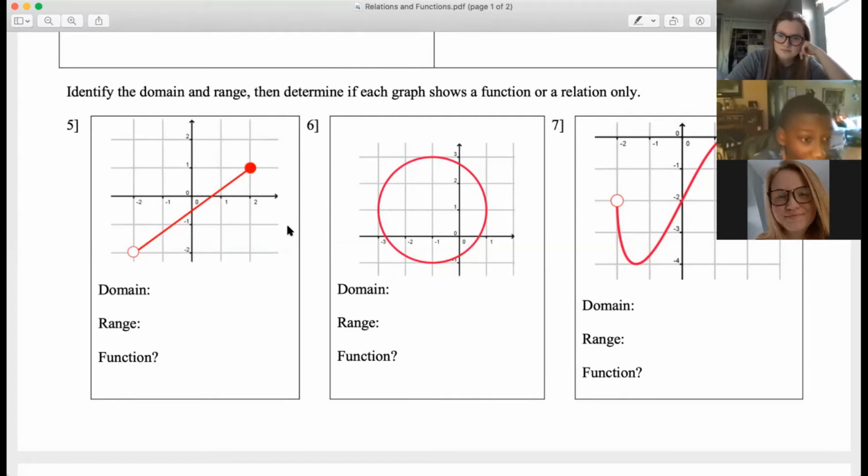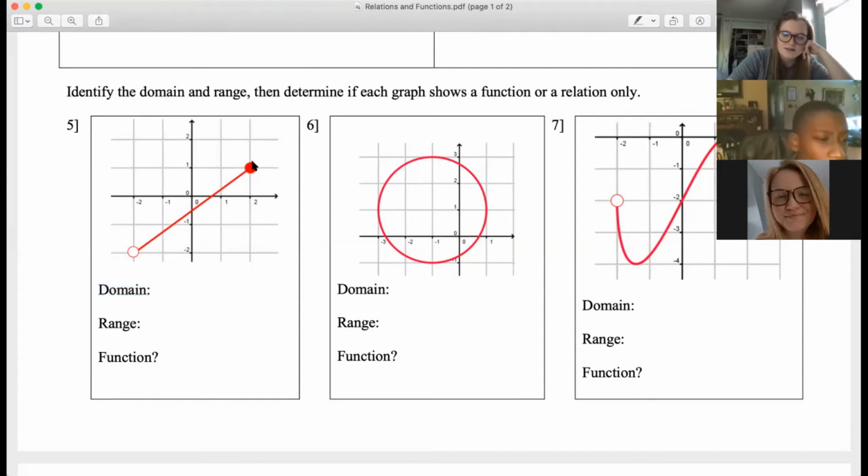So the domain would be positive 2, and then the range would be... So negative. Let's look at the domain again.